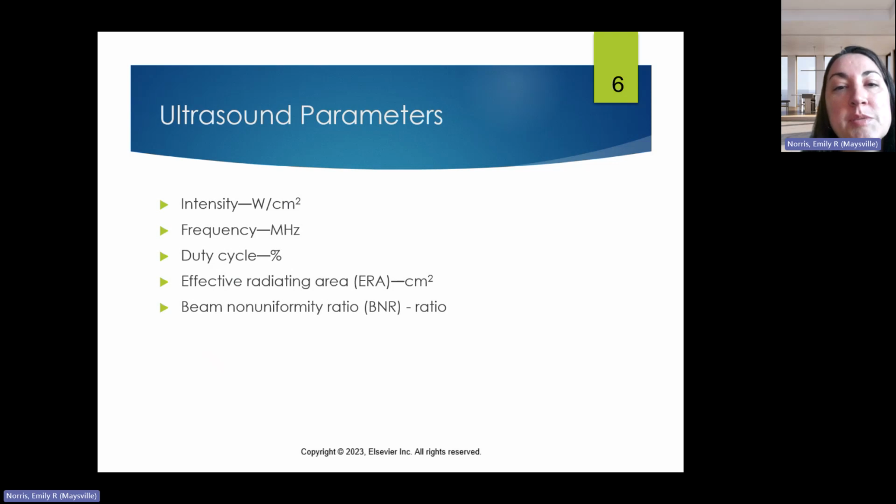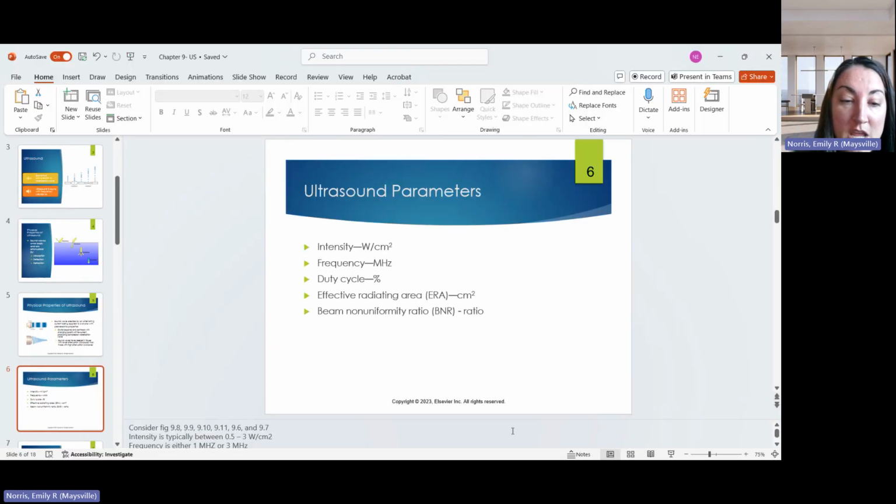Okay, so here are some of the parameters, and we're going to go into each of these. The intensity of the ultrasound is typically between 0.5 and 3 watts per centimeter squared. That's what we typically use for therapeutic range. The frequency is either 1 megahertz or 3 megahertz.